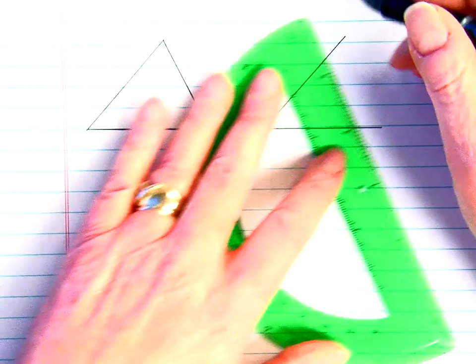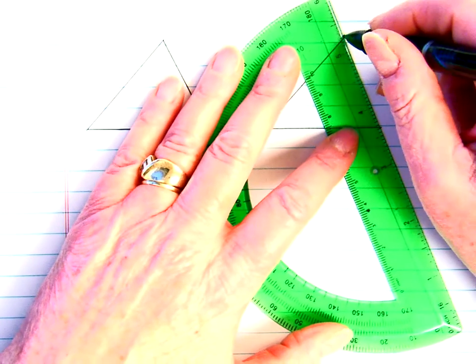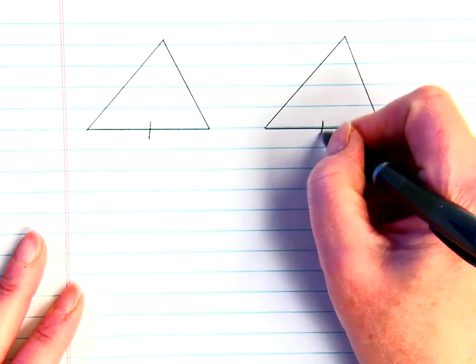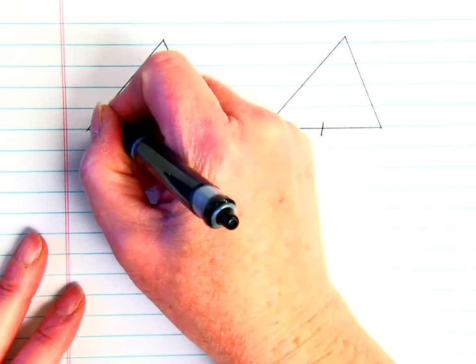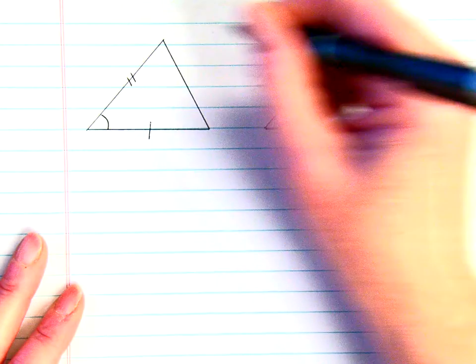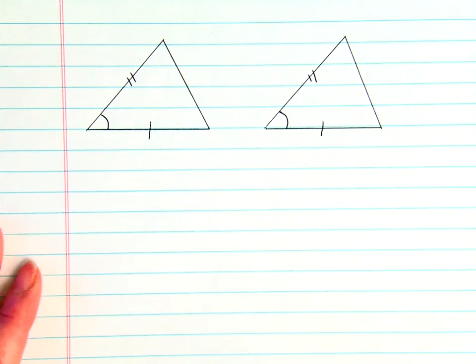Okay, so in this triangle, we're going to be looking at one side, the angle that is between the congruent sides. So here we're looking at two sides that are equal and an angle that is equal.